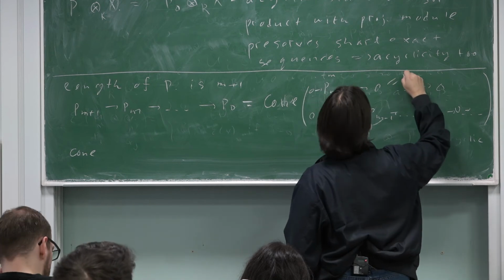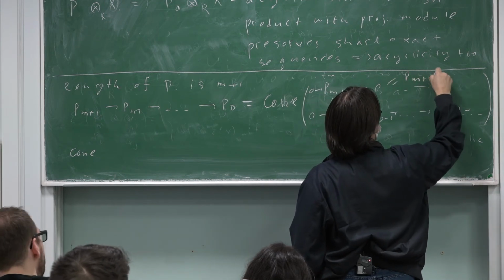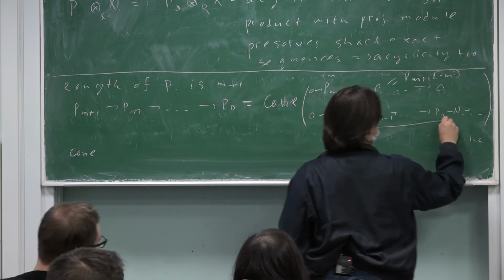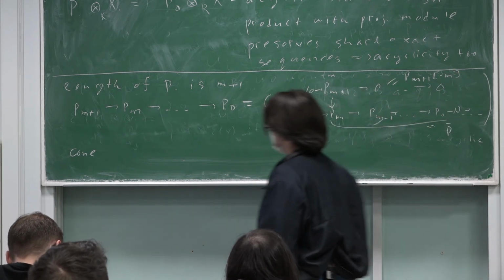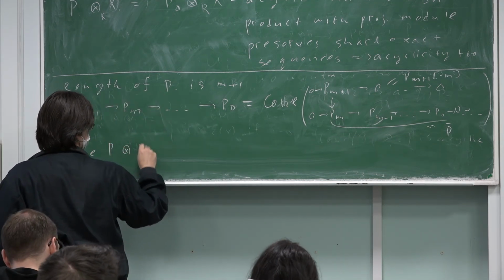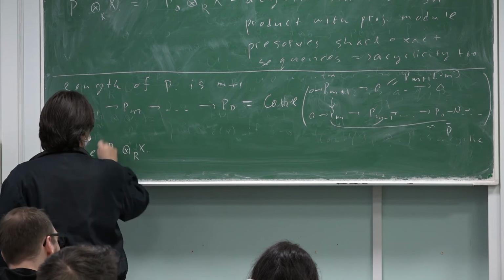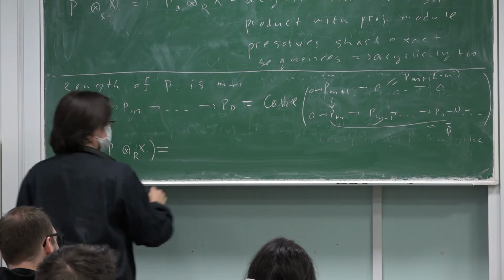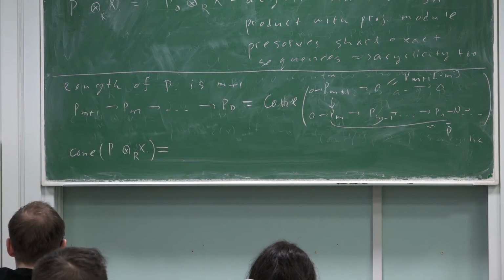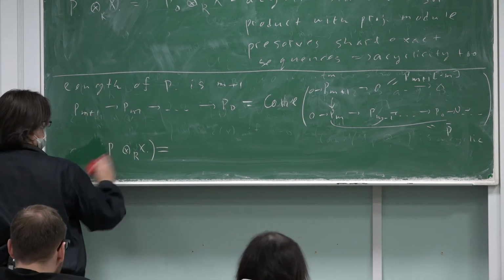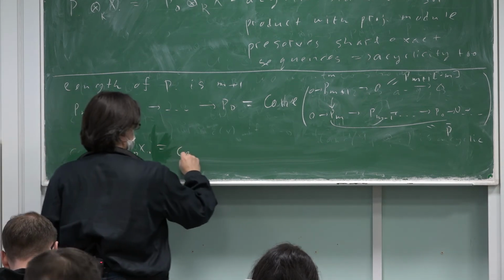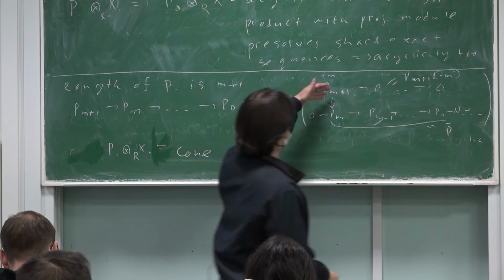It's exactly P m plus 1 shifted by minus m, and the other complex we denote by P bar, yes. Then P tensor X is equal to the cone of this map.